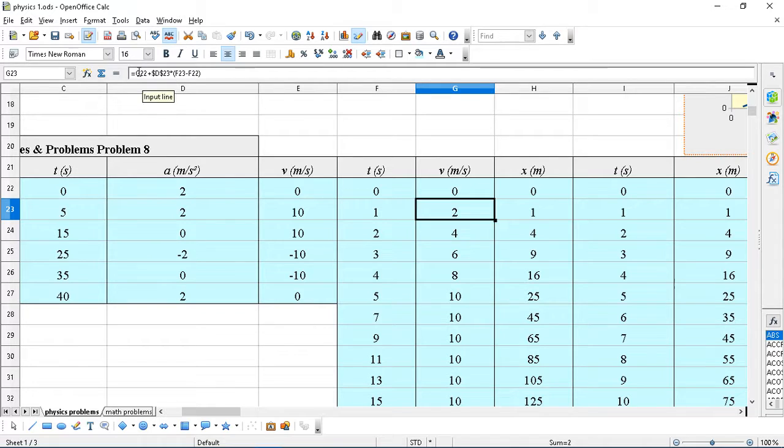All the other cell references change except this one.